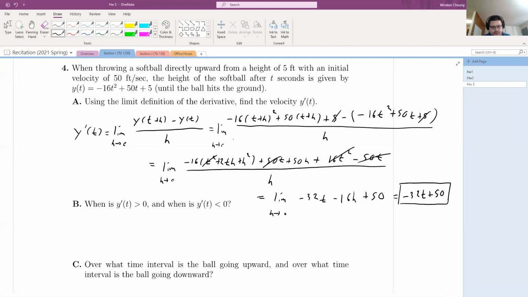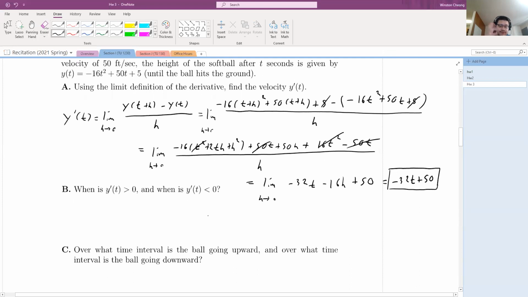No questions? Okay, so now we start to get to the mess of this problem. So when is the derivative greater than 0? When is the derivative less than 0? The technique that I want to show you first relates to what you'll be using later on with curve sketching, which is to use a number line.